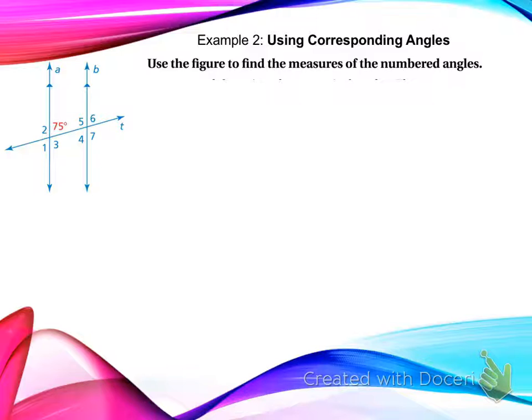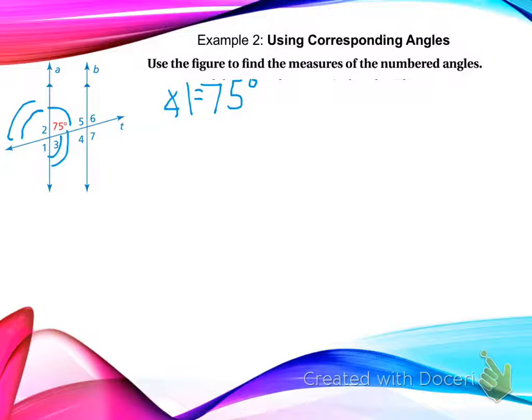Well, vertical angles are congruent, meaning that they are equal to each other. So the measure of angle 1 is going to be 75 degrees, just like the angle that's given. Now, looking at angles 2 and 3, angle 2 is going to be supplementary to that 75. In other words, you add them together to make a straight line. Same thing with angle 3.